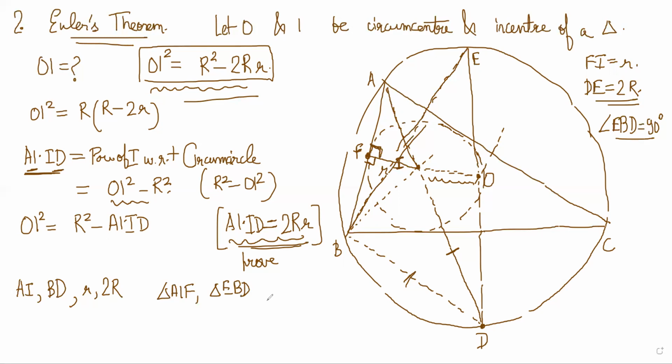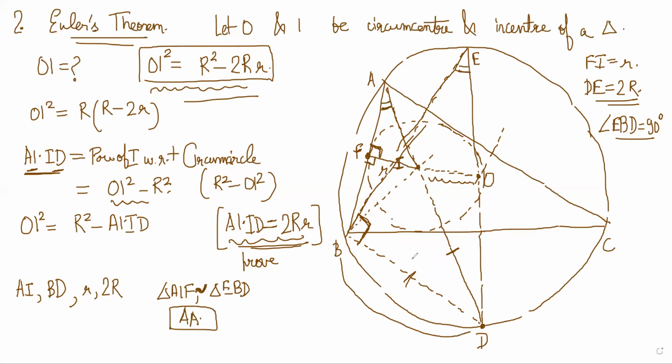So now what angles are same? Obviously this angle is same as this angle, because same arc, right? Arc BD is subtending this angle and the same angle here. And one angle is already 90-90. Two angles are equal, so the triangles are similar, this is similar to this because of AA.